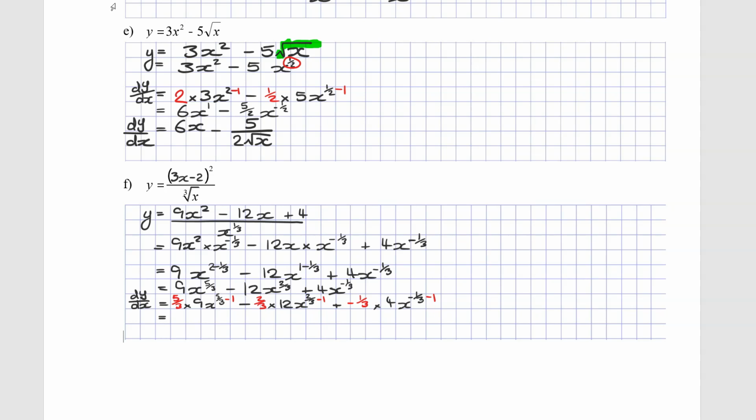Evaluating all of this out, we're going to get 5 over 3 times 9. Well, we can deal with the 9 divided by 3 is 3, so it will be 15x to the 2/3. Then 2 over 3 times 12, or the 12 divided by 3 is 4, so that will become 8x to the minus 1/3, I believe.